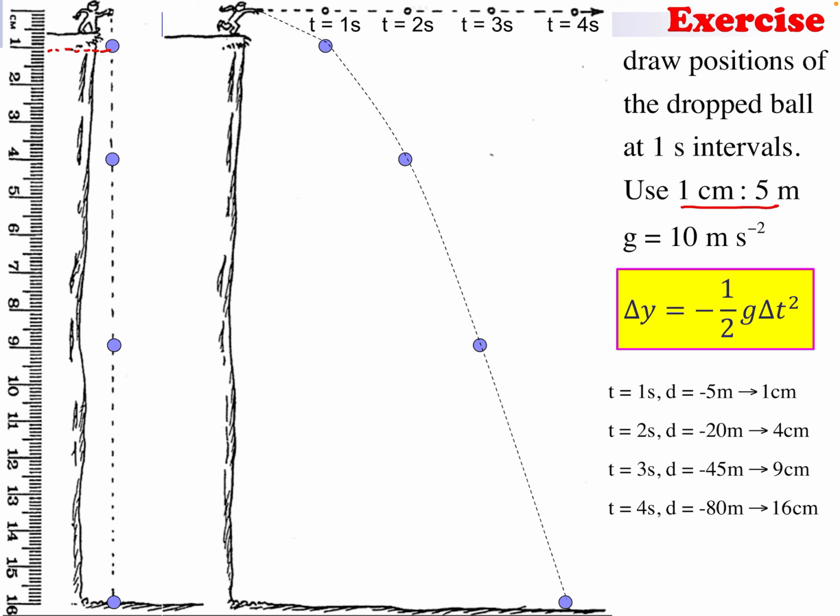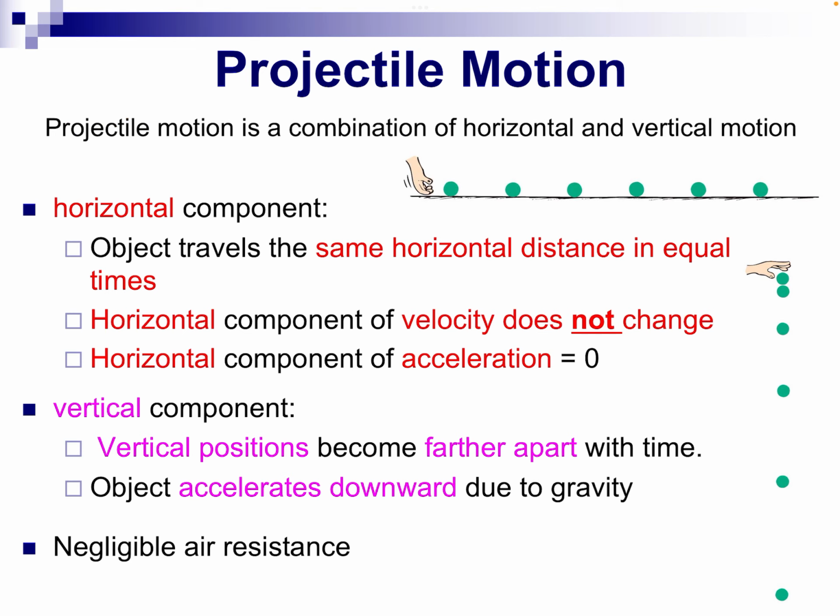So if we trace out the path of the ball, we can see that it traces out a parabolic path, and this parabolic path is characteristic of projectile motion. So by looking at this example, we can see that projectile motion is actually a combination of horizontal and vertical motion, right? In the horizontal component, the same horizontal distance is traveled in equal times. Therefore, the horizontal component of velocity does not change.